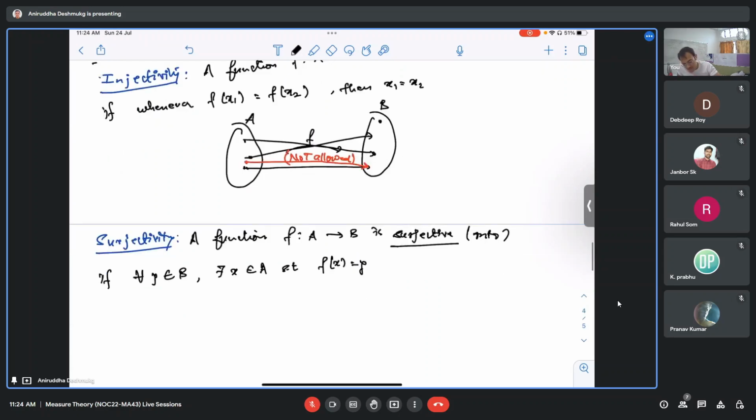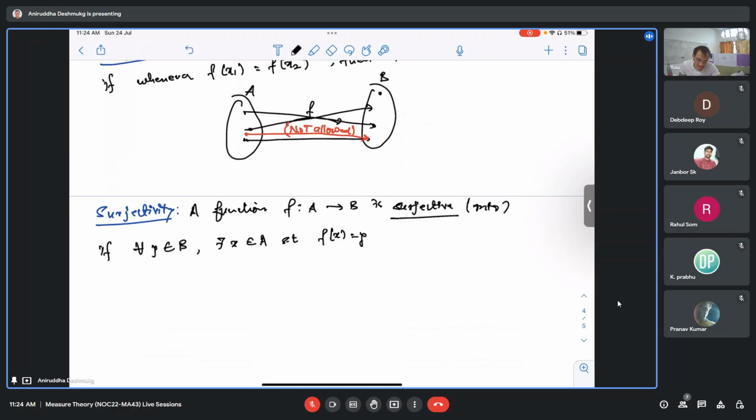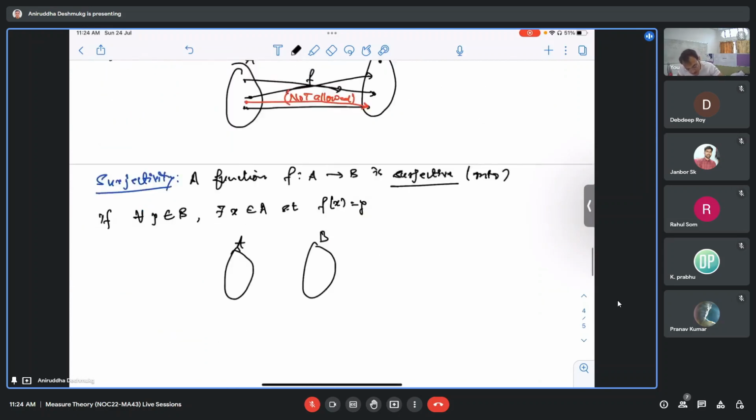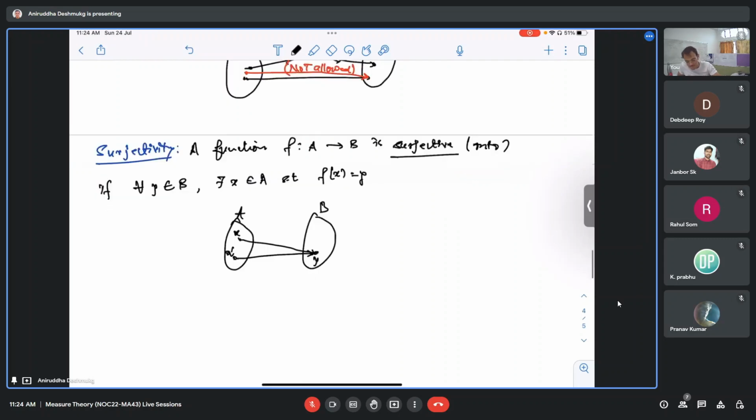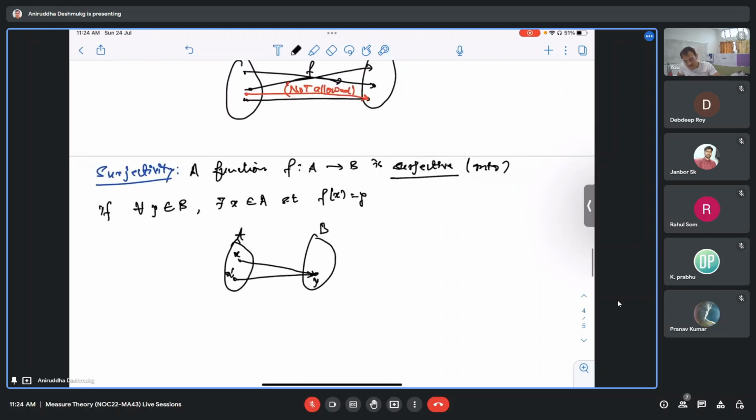So here, the condition I mentioned above is not a problem. That means again you take two sets. You take any point y here, you can always find some x which goes to y. But here this can happen: there is some other point x prime which goes to y. So this is allowed. What is not allowed is a point which doesn't have a preimage. This is not allowed.